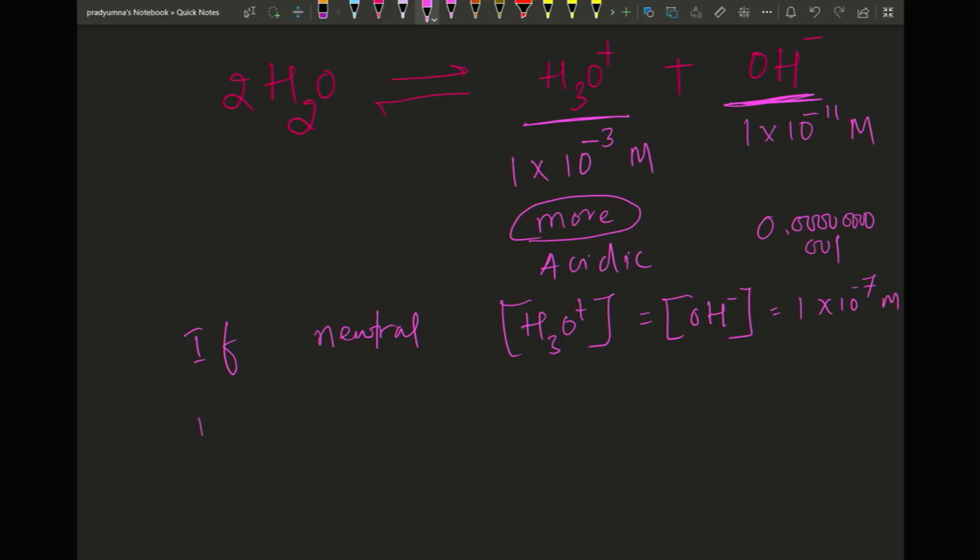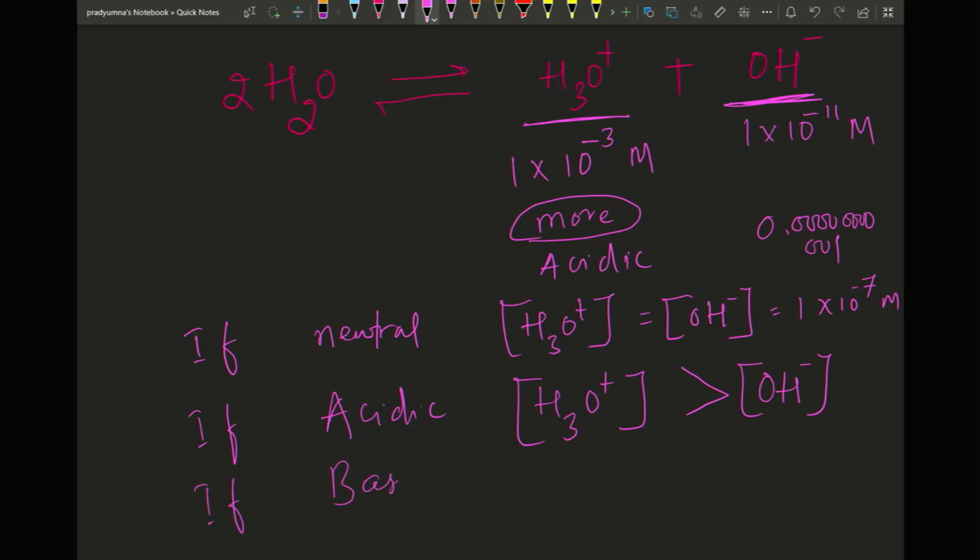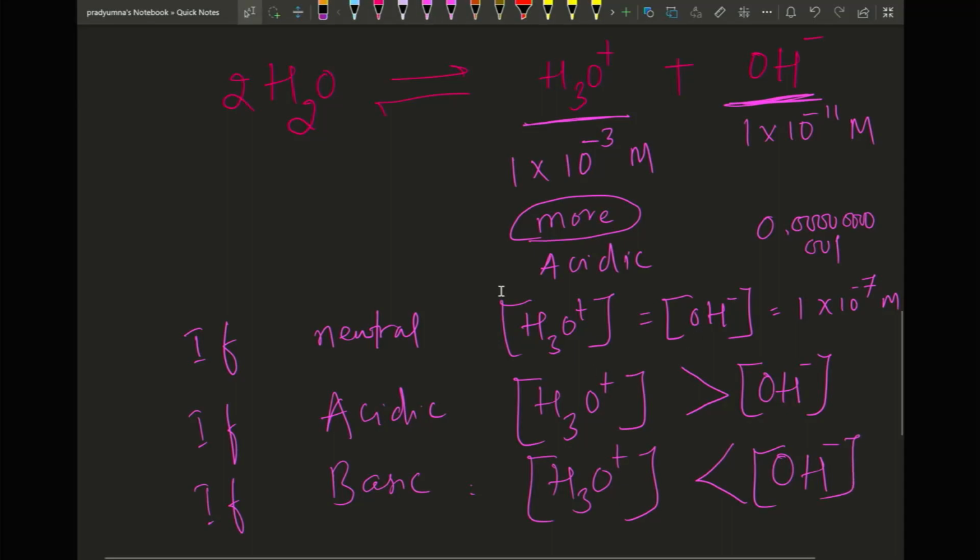And if the water is acidic, then the concentration of H3O plus is going to be a bigger number, higher than OH minus. The opposite would happen if the solution is basic, so H3O plus is going to be the smaller number. Okay, so make sure you understand this portion. So let's stop this video here.